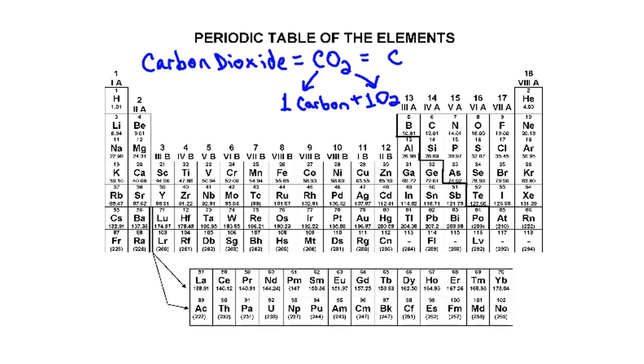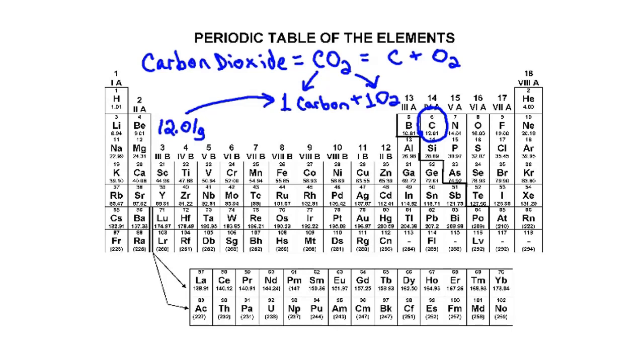So CO2 is carbon plus O2. So let's take a look at carbon on the periodic table, which is right here. And if you look at the bottom number here, this 12.01, that's carbon's atomic weight. So if we take 12.01 grams of carbon, that's going to equal 1 mole of carbon.